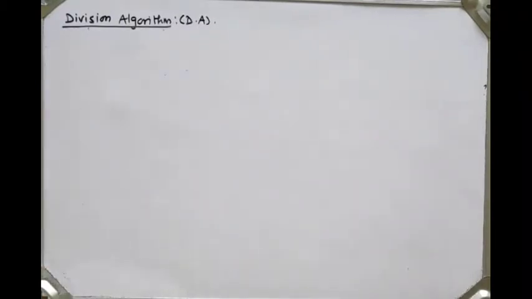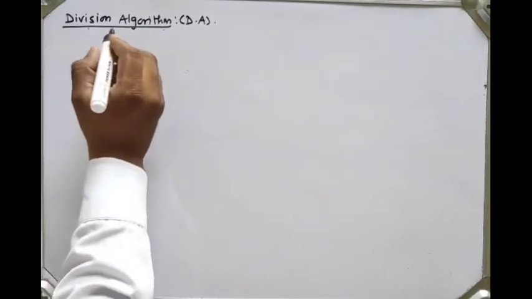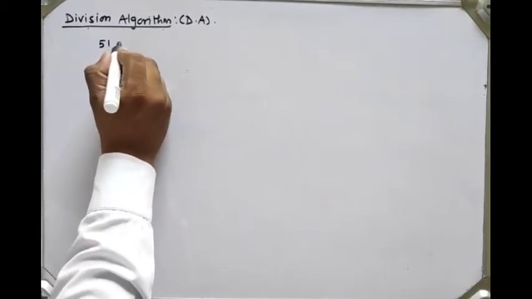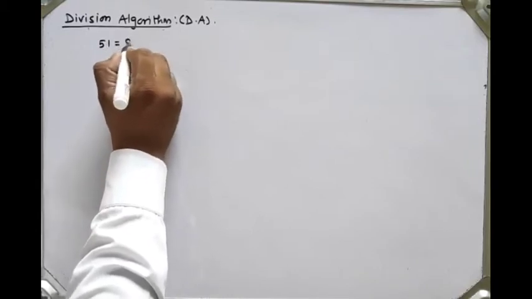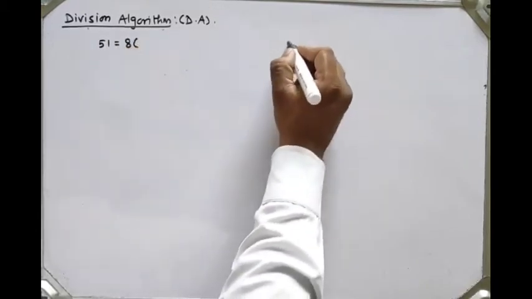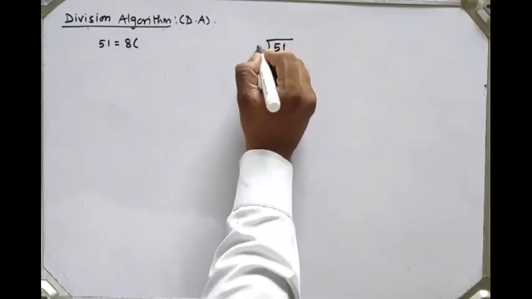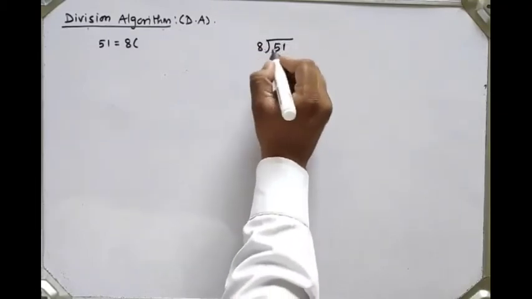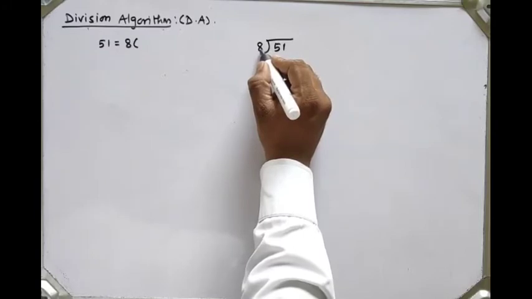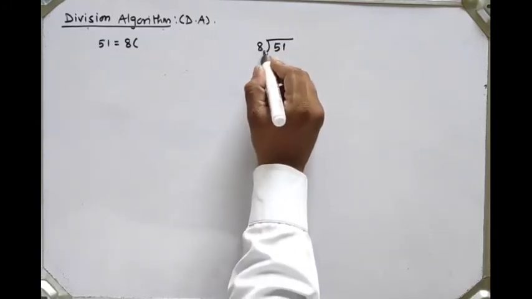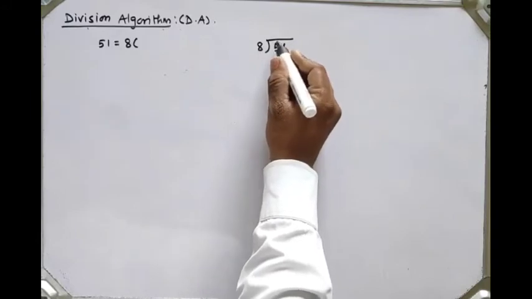So let's observe the following numbers. Suppose 51. I will divide 51 by 8. What will be the quotient when I divide it by 8? 8 into 6 is 48, right?